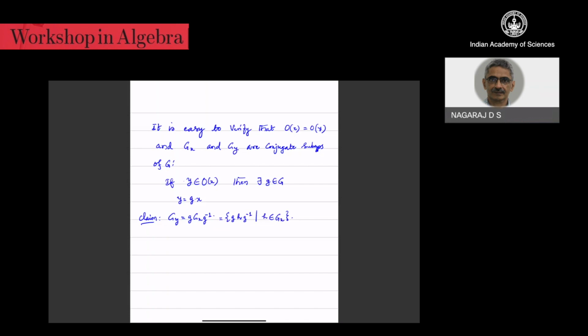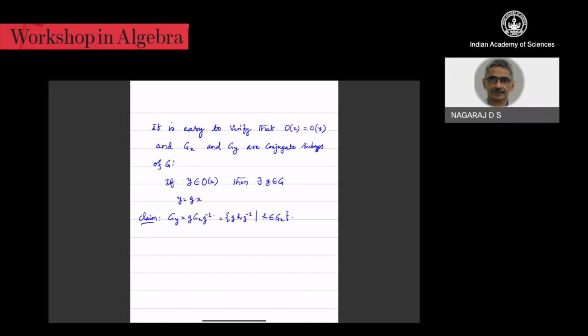If H is a subgroup of a group G, then its conjugate by an element of the group is again a subgroup. And the claim is that these two are related like this.